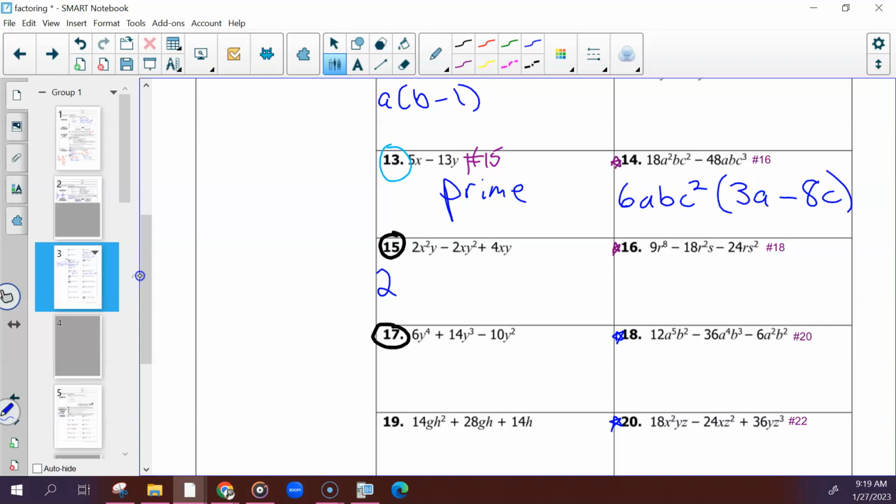Like x to the 4th. So you wouldn't put both, you would just put 2xy. Okay, so if we're dividing out 2xy out of everything, what would be left?